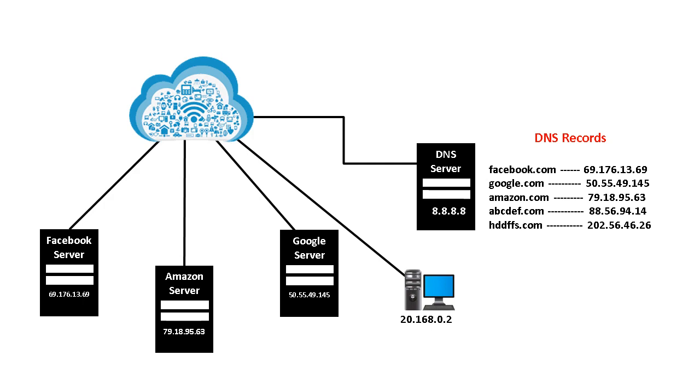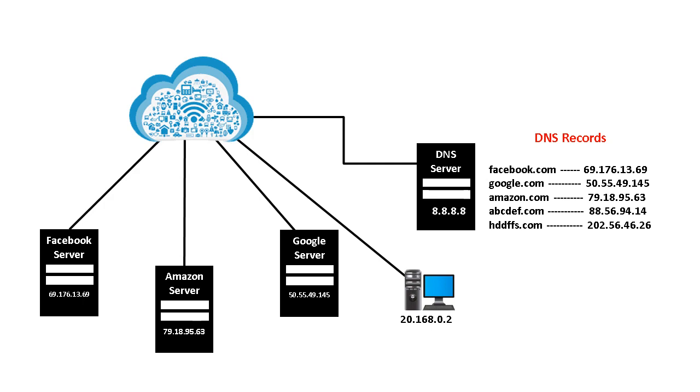But the problem is that it is not easy to remember the IP address of those devices which we want to request in order to access their resources. That is why DNS plays the vital role of letting us remember a short name instead of those complex numbers while we fetch resources across the network.